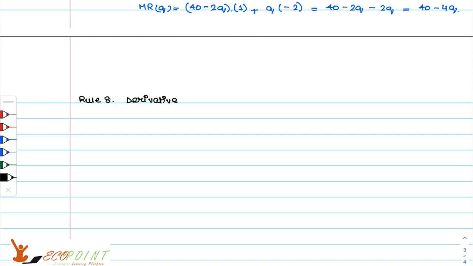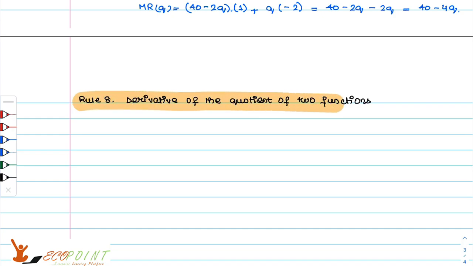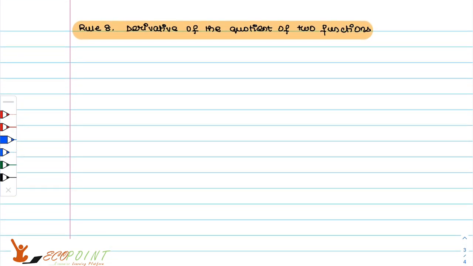Derivative of the quotient of two functions. So you have seen the product of the two functions. Let's look at the quotient of two functions.